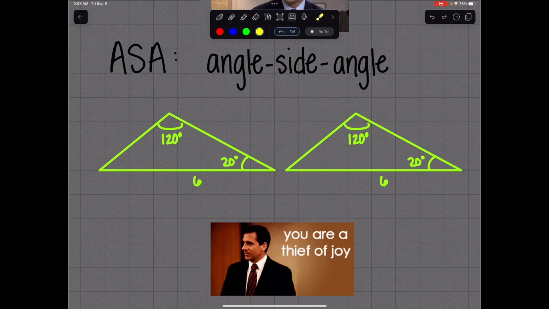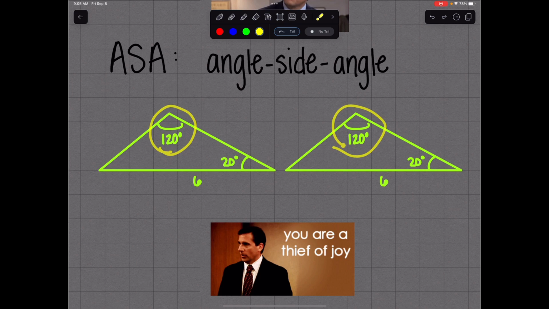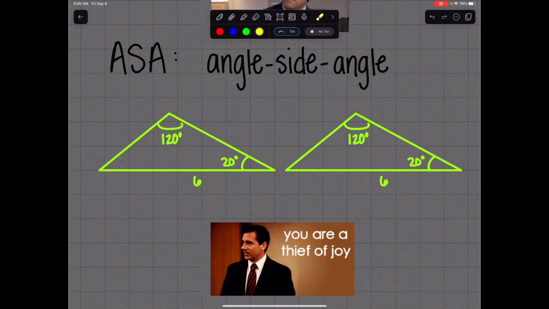Okay, all you need is an angle to be the same, a side that is the same, and another angle that is the same, and then you have congruent triangles. And sometimes students are confused by this because they think that the side has to be between the 2 angles.